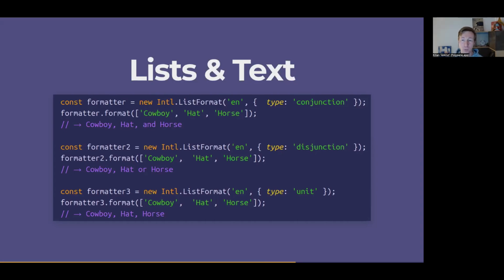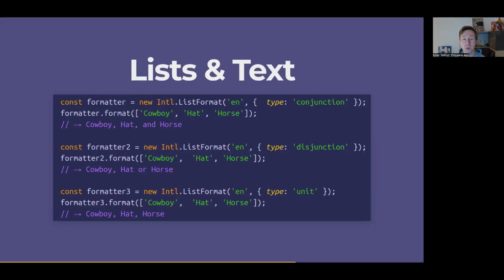The type option will let you choose between conjunction, which is the and, or disjunction, which is the or, and then lastly, we also have the type of unit, which is just a comma separated list. And you'll want to use that for things like ingredient lists, because that doesn't require an or at the end.